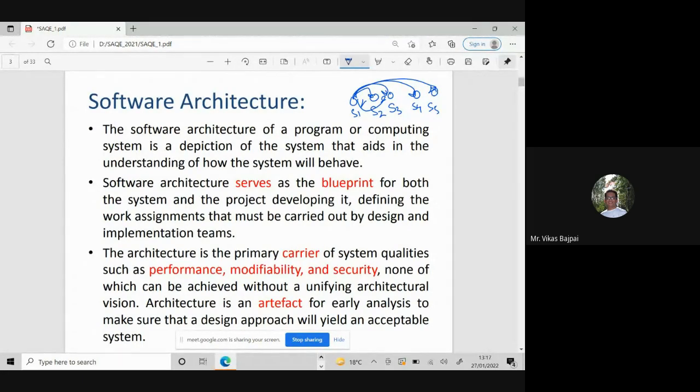All right, so let's formally see what software architecture is. The software architecture of a program or computing system is a depiction of the system, how my system is going to look, that aids in understanding how the system is going to behave.